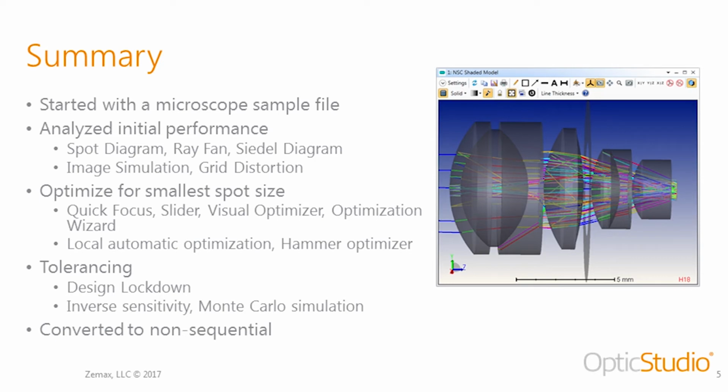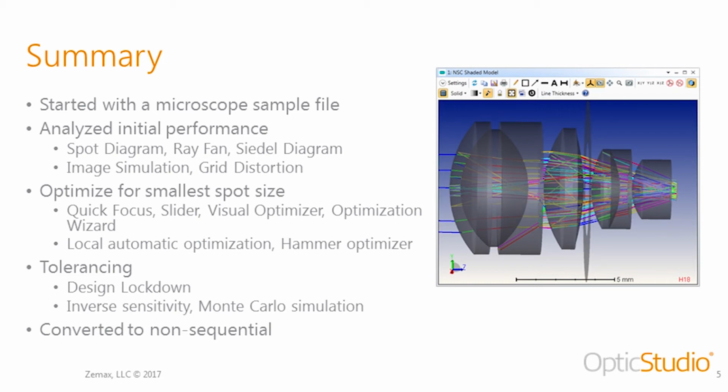Then we used the optimization wizard to put together a default set of operands in the merit function and added in our own paraxial magnification operand as well. Then we ran the local automatic optimizer and the hammer optimizer. We also used the Find Best Asphere tool, and after using that, we saw more of the effect of the hammer optimizer.